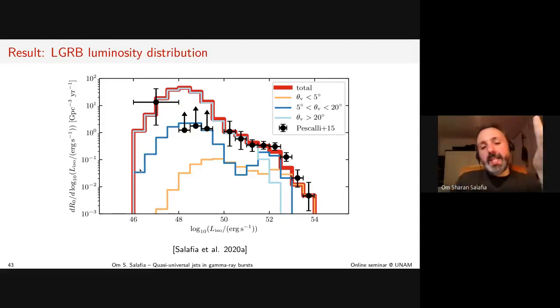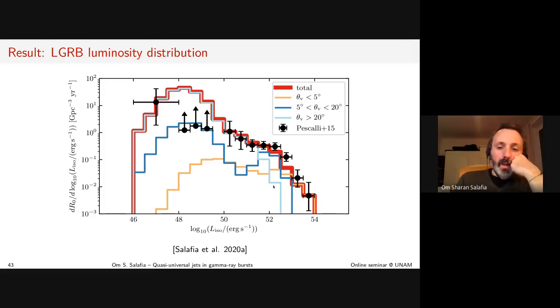And what is very nice is that when you then assume a constant efficiency at any angle for these jets, and you compute the distribution of luminosity of this population, this synthetic population of jets, then it reproduces strikingly well the luminosity function of long GRBs, the observed luminosity function.